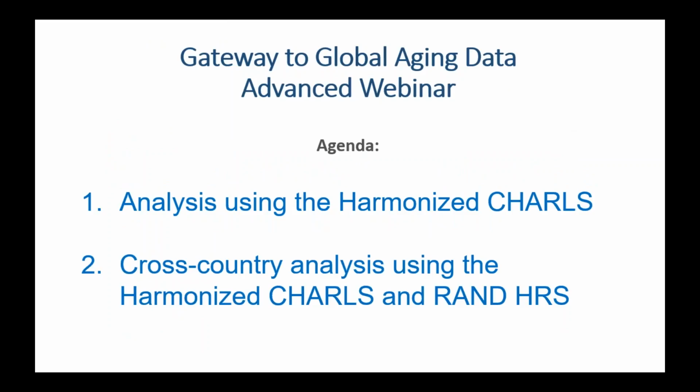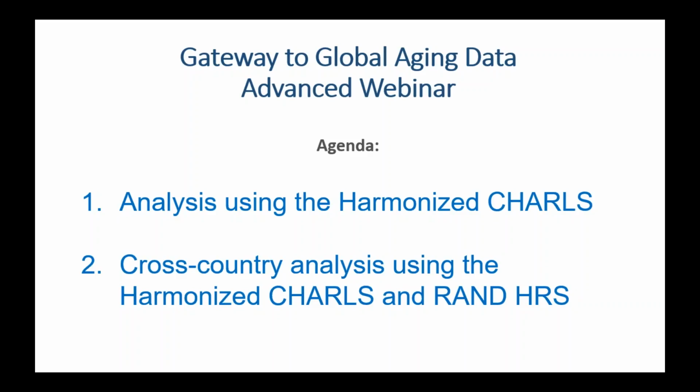So the agenda for today, and I plan for this to run maybe about an hour, and then we'll have some time for questions, is we're going to go through a sample analysis using the harmonized CHARLS. Briefly, if you don't know, CHARLS is the China Health and Retirement Longitudinal Study.